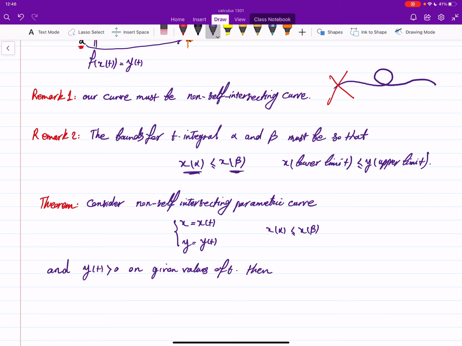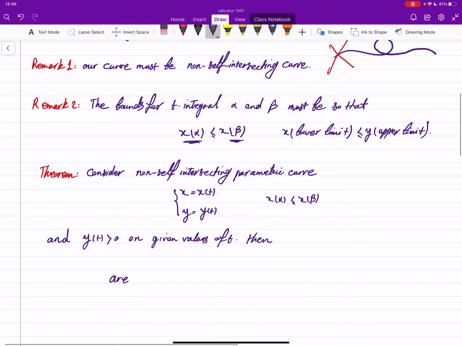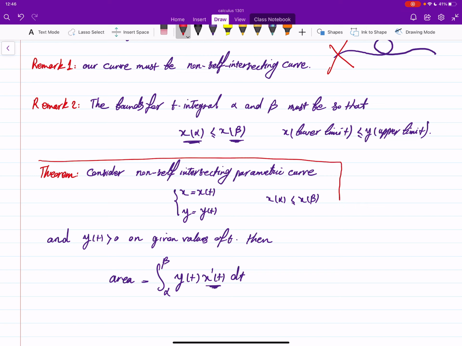Then the area under the graph of that parametric curve is given by the integral from alpha to beta of y of t times the derivative of x of t dt. I am assuming that x must have a continuous derivative. So this is the fact that we will use in our examples and in this section.